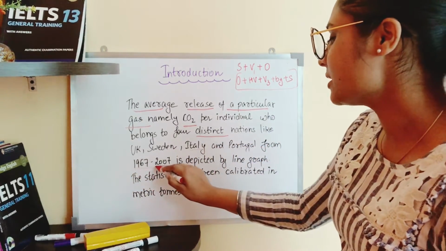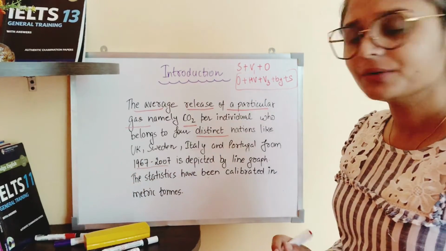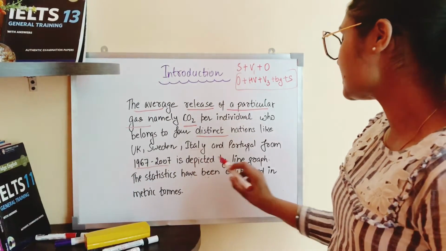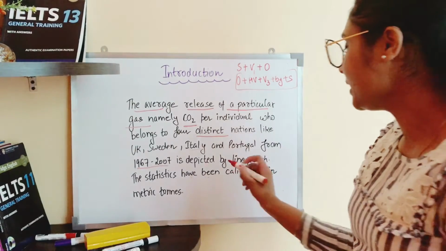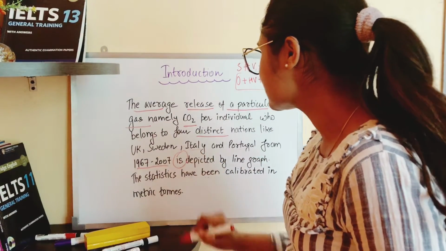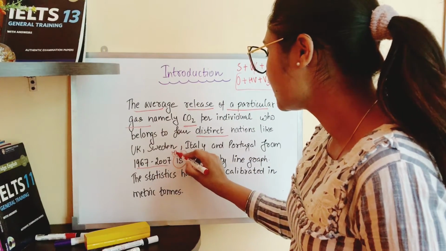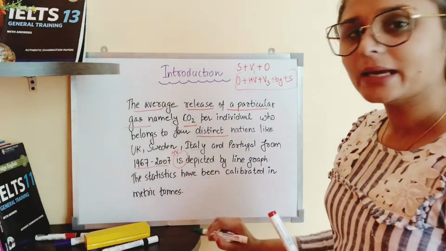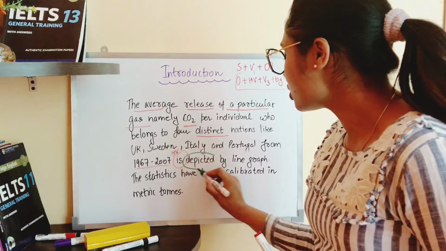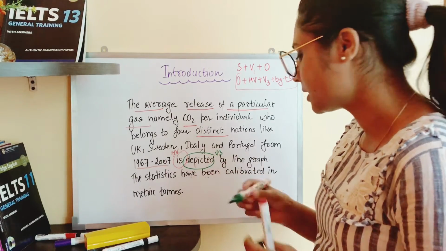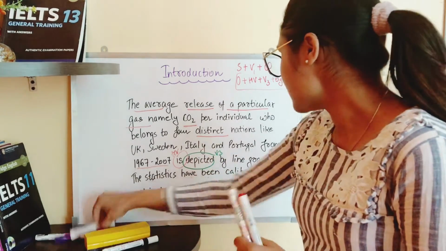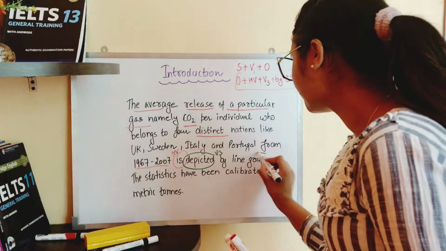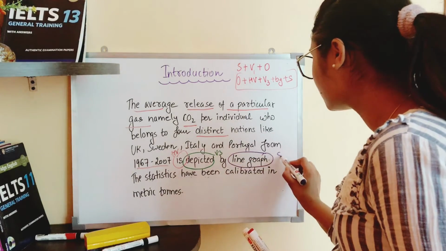From 1990, this is the time phrase. This is very necessary to write. Is depicted by line graph. So what I did, I used this as our helping verb. I would use a different color so that you can differentiate. This would be the helping verb, and this is your verb third form, and then this is our subject.